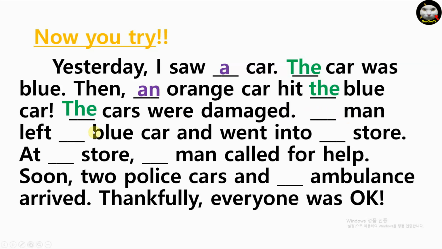Blank man left blank blue car. In our story, this is the first time to see the noun man, so we need to introduce this man. A man left the blue car. Oh, we've already seen blue car, the blue car, and went into blank store.